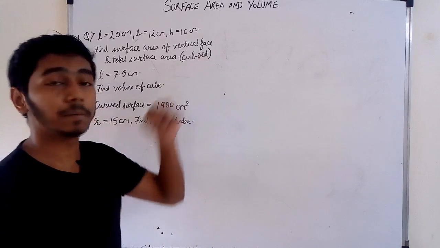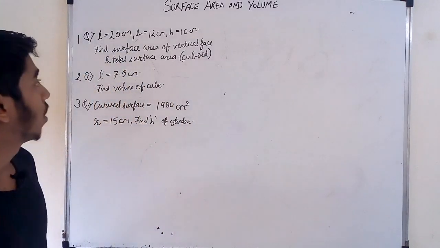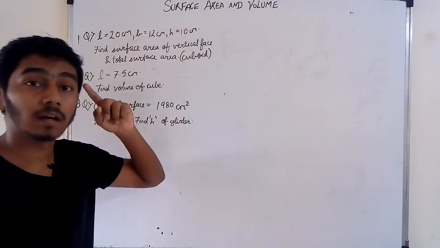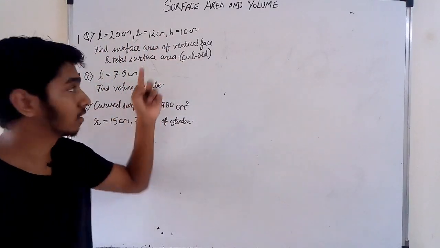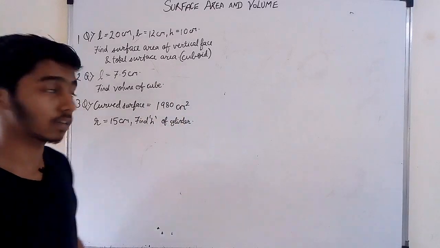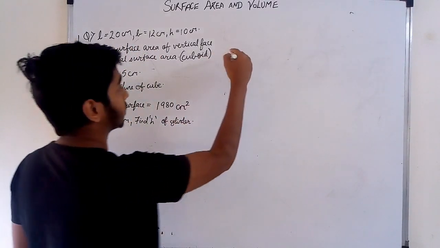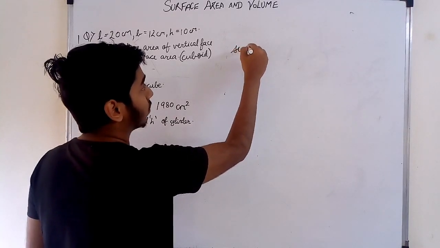Don't worry, this will be mentioned in your question. If it's not mentioned, you can understand from the measurements given that it's a cuboid. So what is the surface area of the vertical faces? Now you know the formula very well.